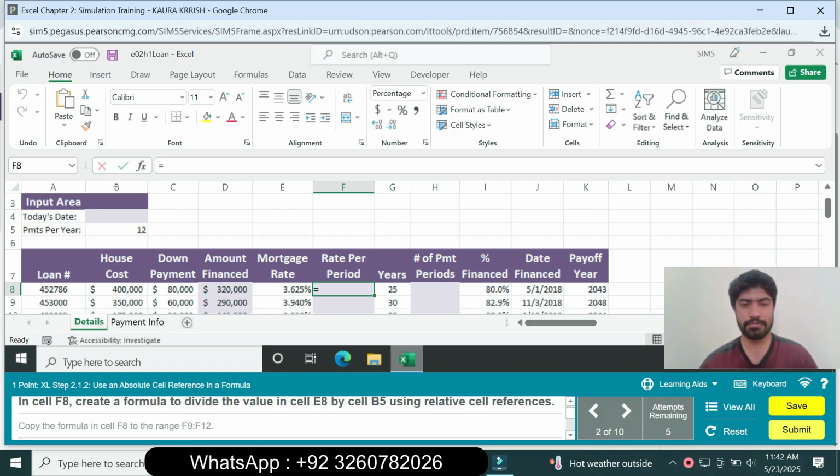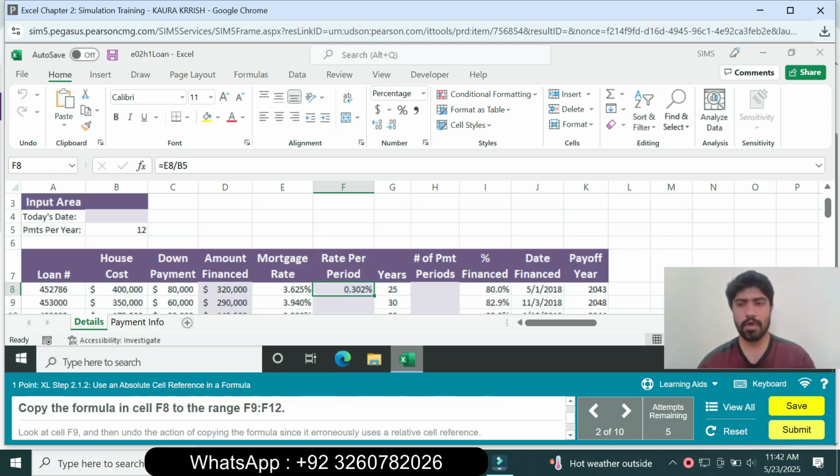Type equals, select cell E8, divided by B5, using the relative reference, and press Enter.